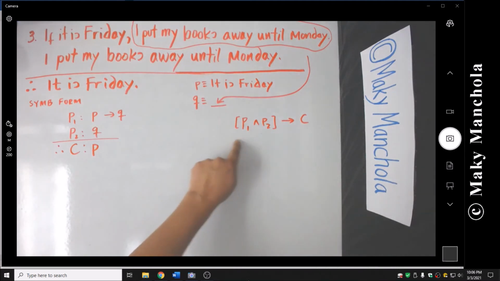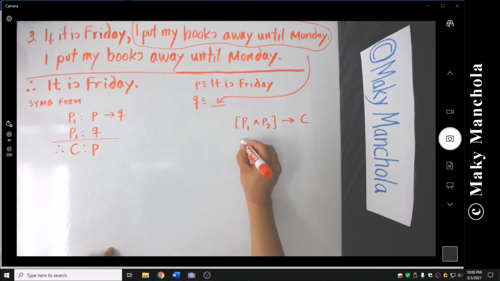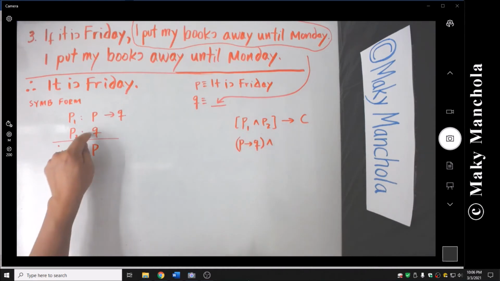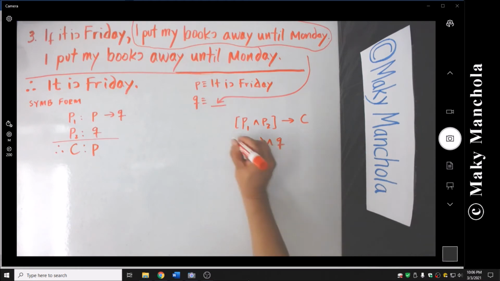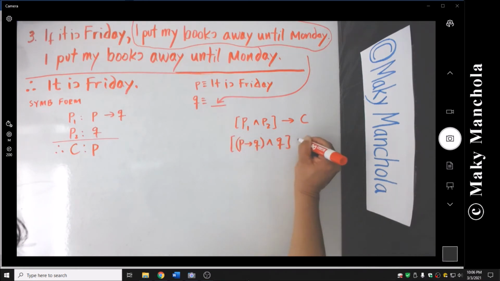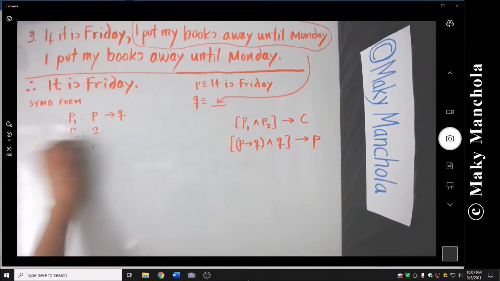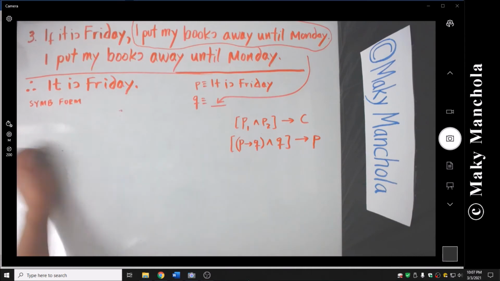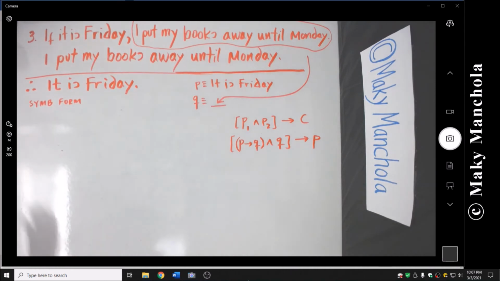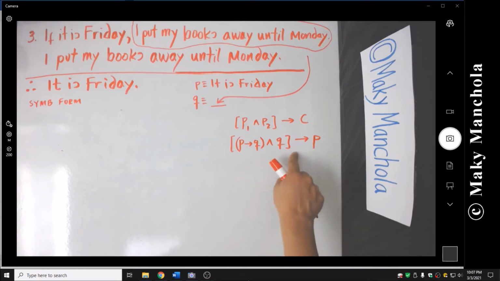My premise 1 happens to be P implies Q. And the premise 2, which happens to be Q, implies the conclusion, C, which happens to be P. Now we construct a truth table for conjunction of premises implies conclusion.